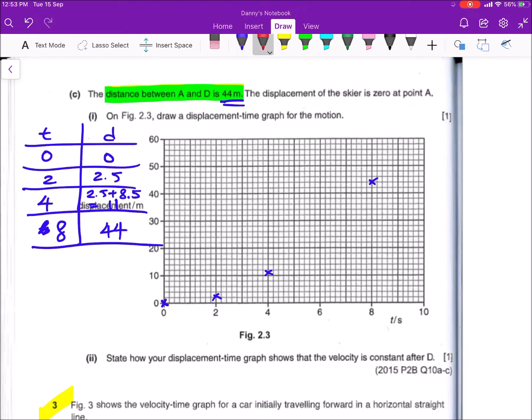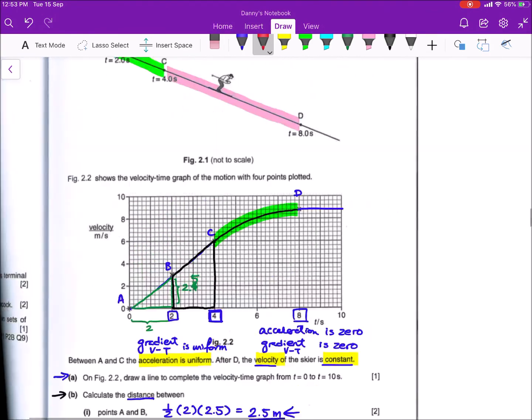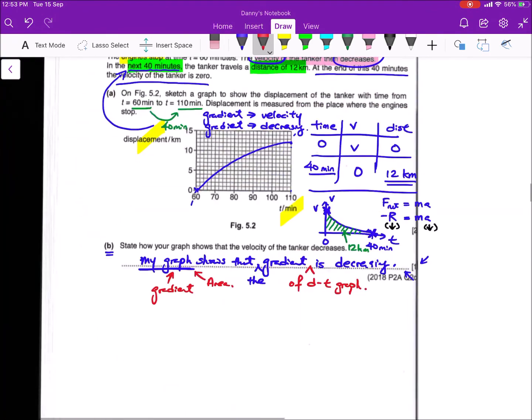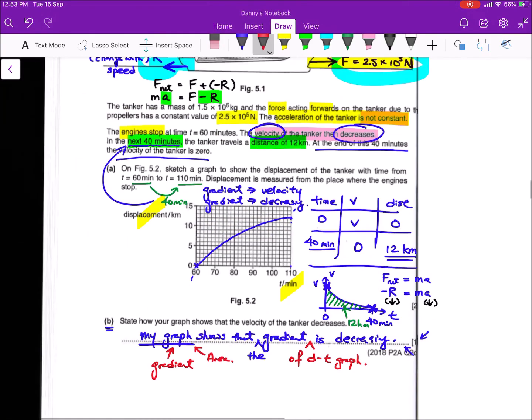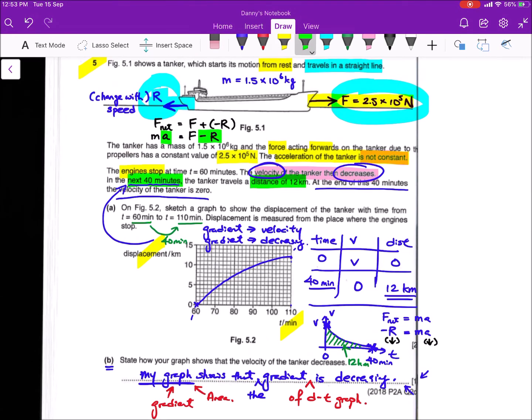This is a displacement time graph. So in a displacement time graph, as we said earlier, whenever we talk about graphs, it's always the gradient and the area. So what is the gradient of a displacement time graph? If you forgot, we have covered that in a previous question. You scroll up and you will be able to see here. Yeah, the gradient of a displacement time graph will give you the velocity.